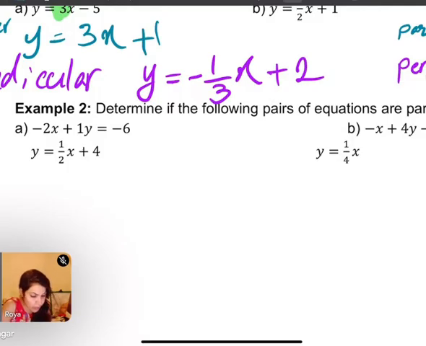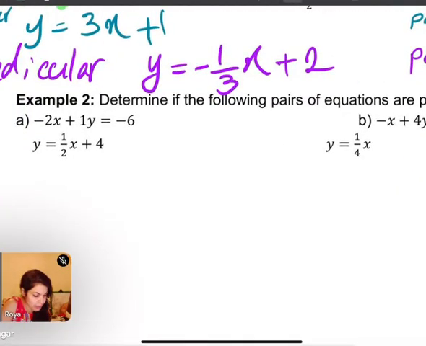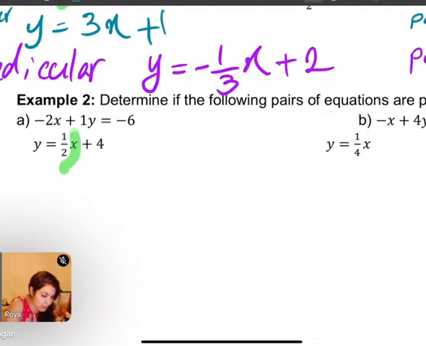Determine whether the following pairs of equations are parallel, perpendicular, or neither. It doesn't ask for finding the intercept. We just need to find whether they are parallel or perpendicular, or neither. So it's easy to see the slope here.